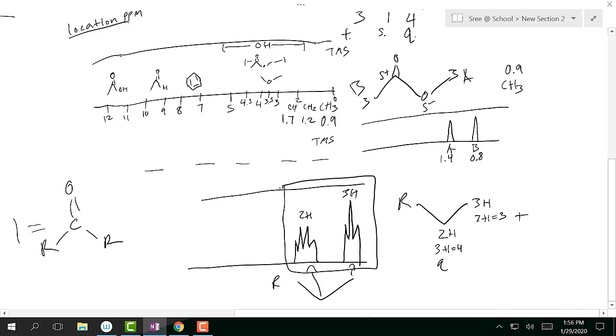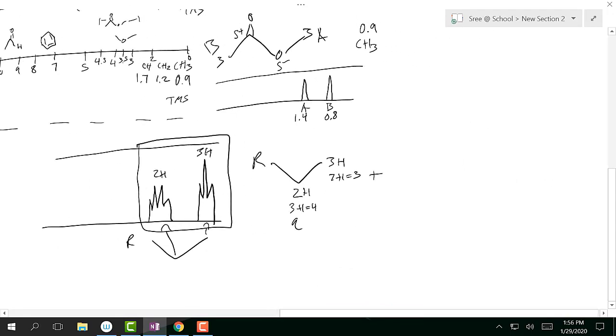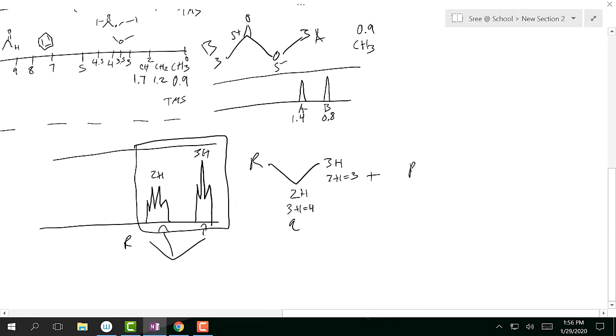So that's one pattern. Isopropyl is another pattern, where you have a single hydrogen here, 3H here, 3H here. Anytime it splits off into this, this 3H and this 3H are the exact same thing, so it gives off the same peak. So 3 + 3, that's 6, and then 6 + 1 = 7.